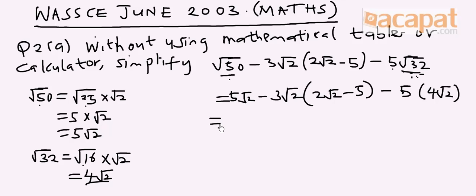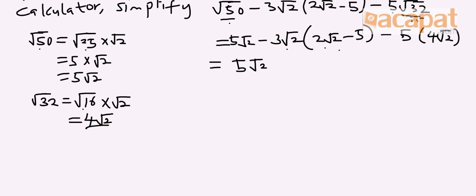This will be equal to 5 root 2. I'll have to open up this bracket here, so that minus 3 root 2 here multiplying 2 root 2 here, minus 3 root 2 multiplied by 2 root 2 rather, minus 3 root 2 times 2 root 2.